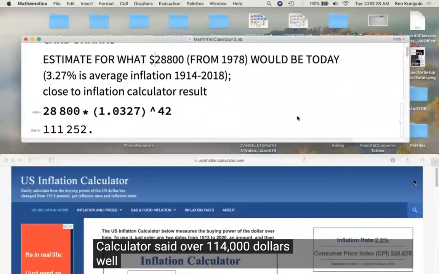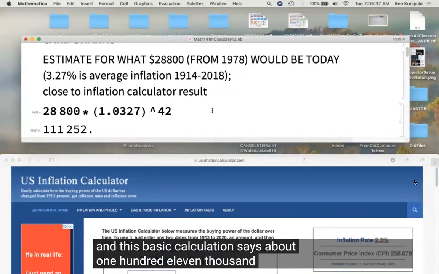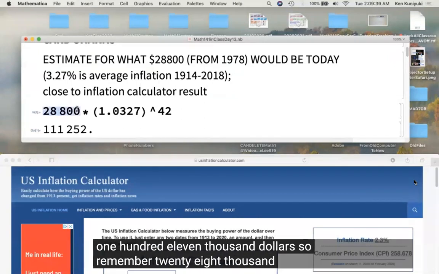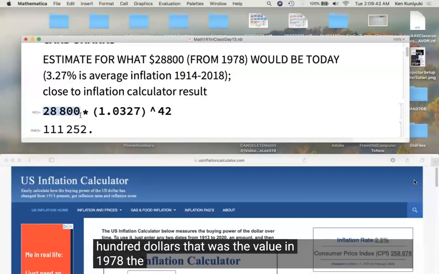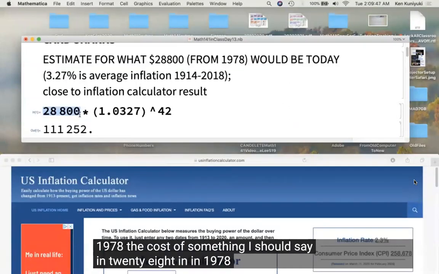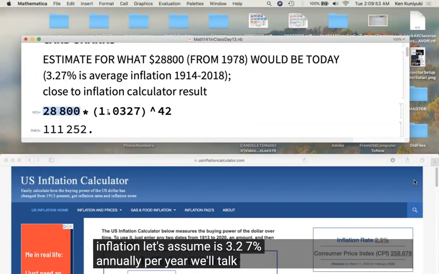Well, it's been 42 years since 1978, and this basic calculation says about $111,000. Remember, $28,800 was the cost of something in 1978. Inflation, let's assume, is 3.27% annually. We'll talk about that.